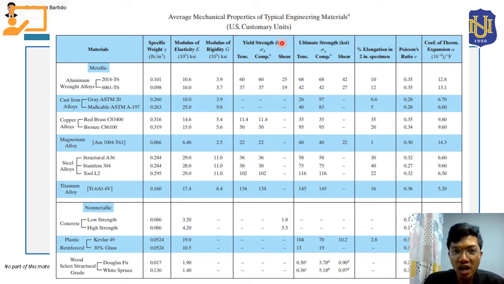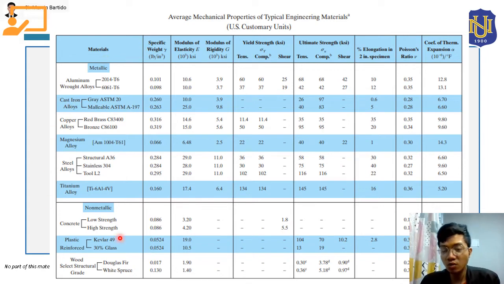This is 36, in KSI, and likewise for ultimate strength, in KSI. Poisson's ratio is also given here. The value of the Poisson's ratio of structural A36 steel is 0.32. So just be familiar with this table because we are going to use it in our sample problems.